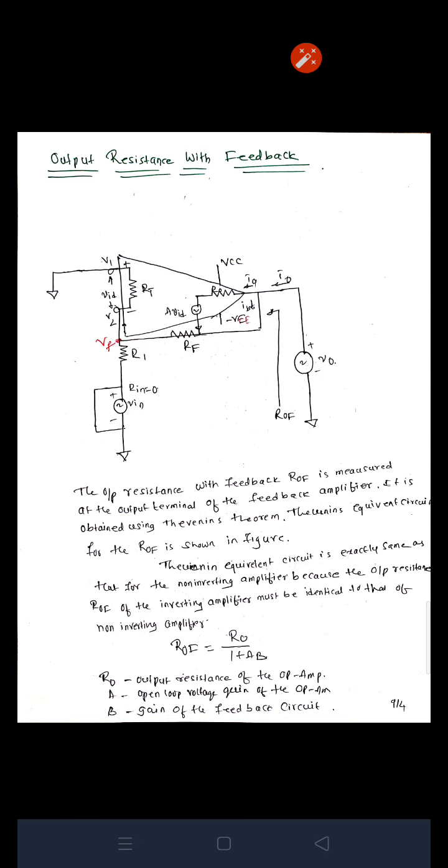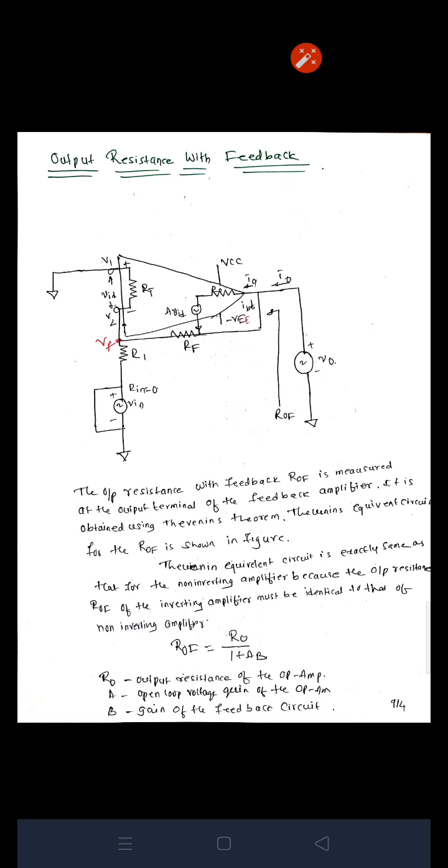It is obtained using Thevenin's theorem, or Thevenin's equivalent circuit, for the output resistance of the feedback amplifier.